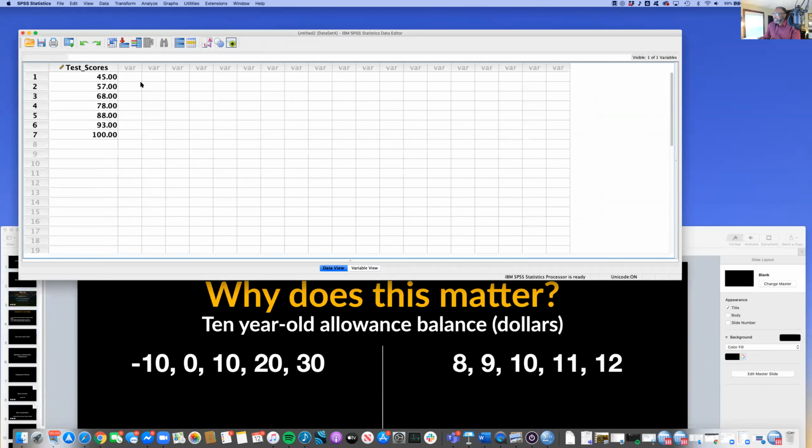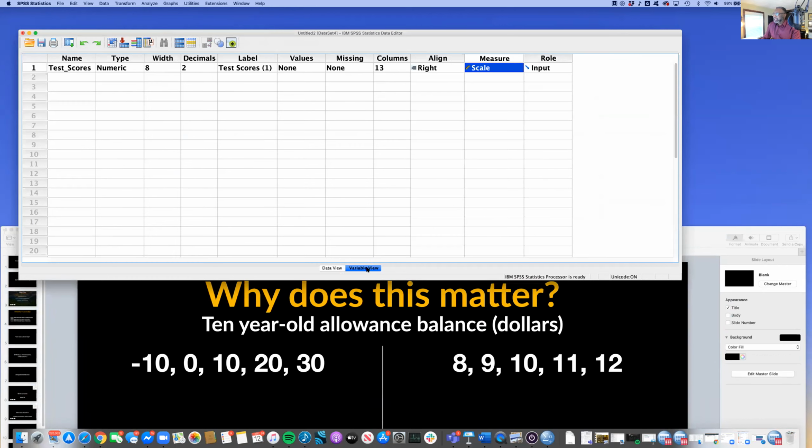And so what we're going to do is go to variable view. And let's put in child underscore child, not chid, underscore 1. And then we're going to put in child underscore 2.